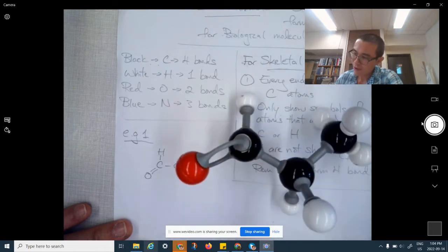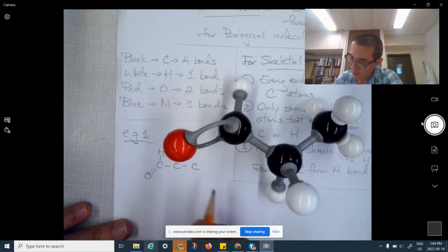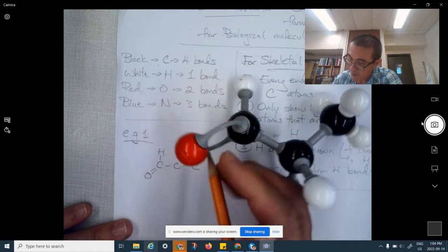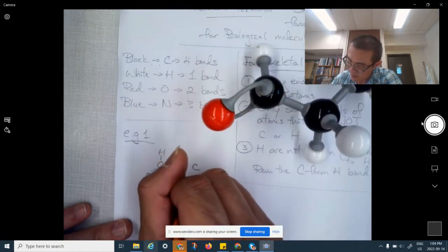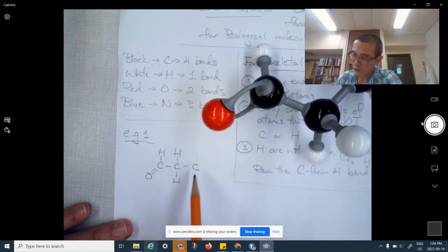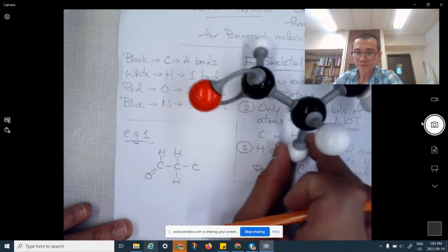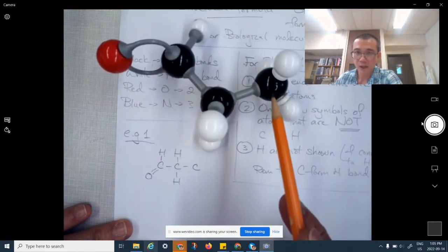Now, on the carbon here, I have a hydrogen and another hydrogen. In this case, I can draw it like this. This is one of the ways I would draw it: 2 hydrogens on this middle carbon, with a single bond each. Lastly, this carbon.